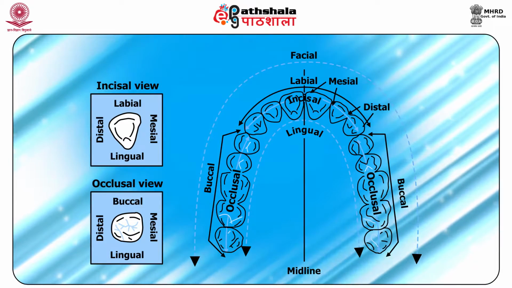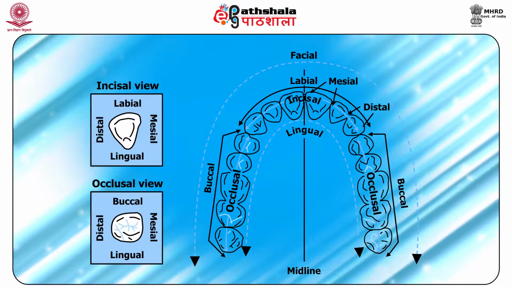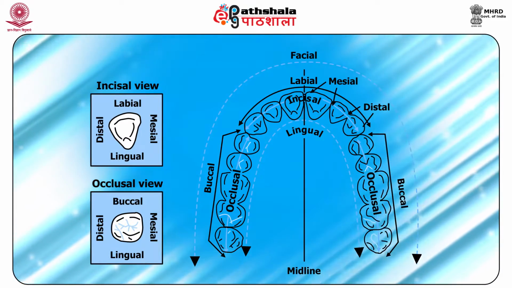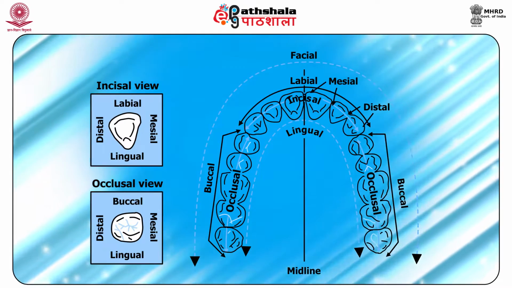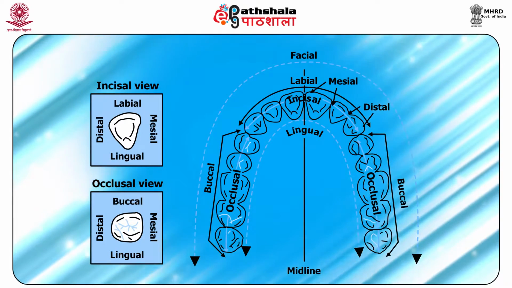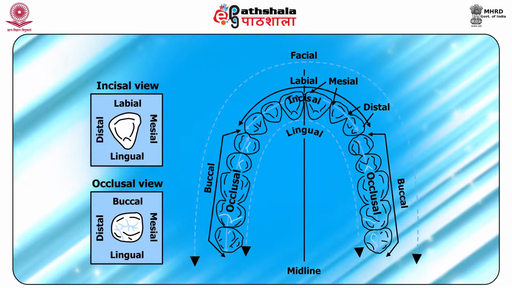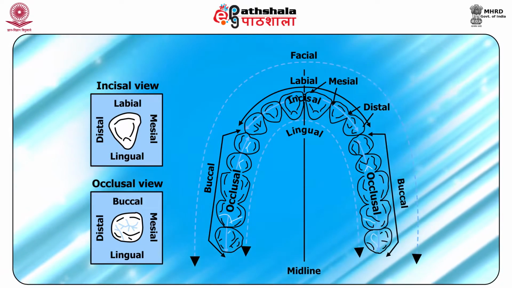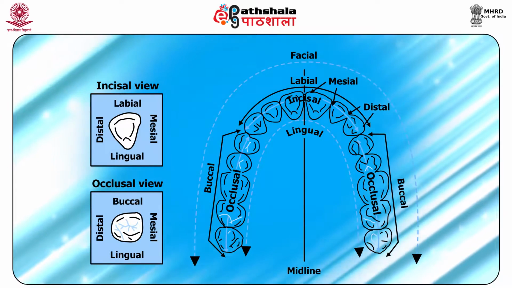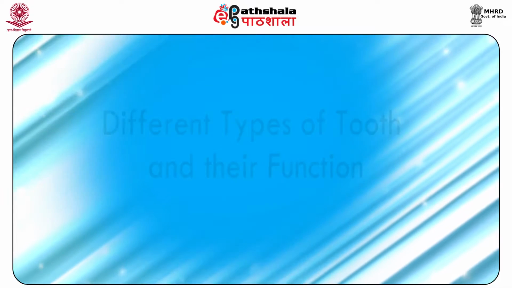In front teeth, the biting surface is known as incisal, whereas in premolars and molars, it is known as occlusal. The side of the tooth facing the center is called mesial and the side away from the center is called distal. Familiarity with these terms and the tooth numbering system will facilitate further understanding.